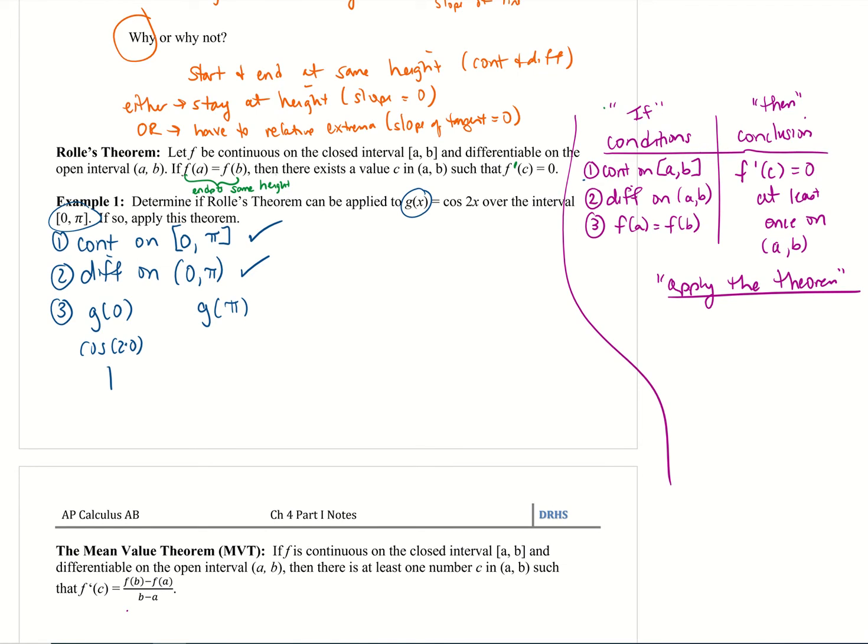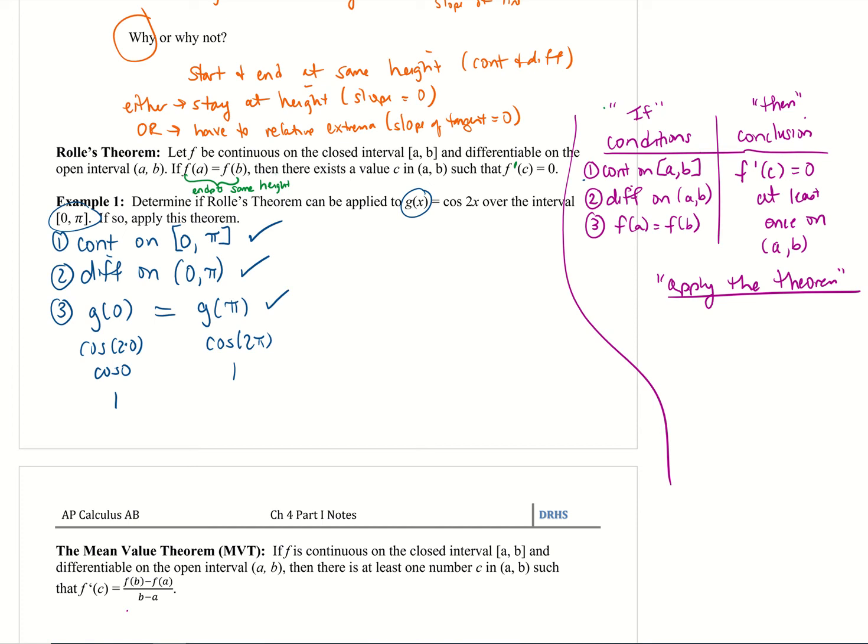And then the cosine here of 2 times pi, so 2 pi, which is also 1. So these are equal. Because those endpoints have the same height, yay, we have met all three conditions.